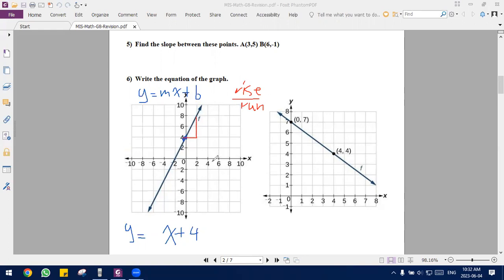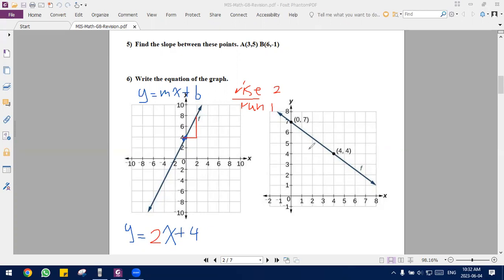So one step to the right means the run is 1. And then I went 2 steps up, then the rise is 2. So always make the run equal to 1, so you divide by 1. You will get the same value. So the rise is equal to 2. So m here is equal to 2. This is the equation: y equal to 2x plus 4.